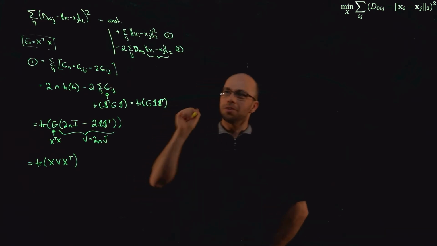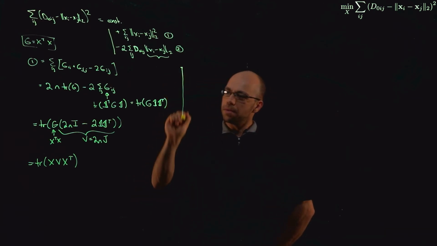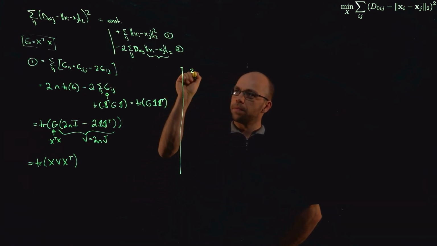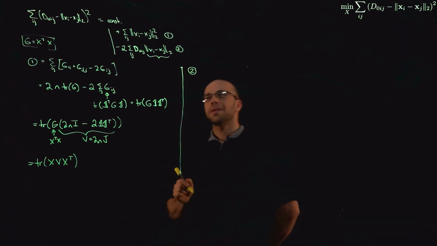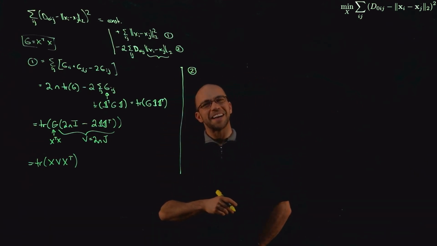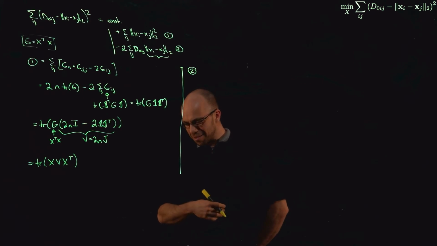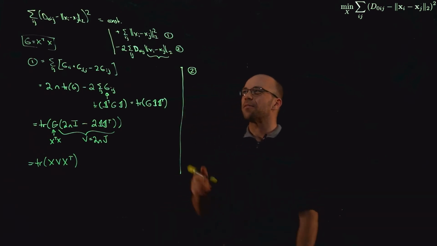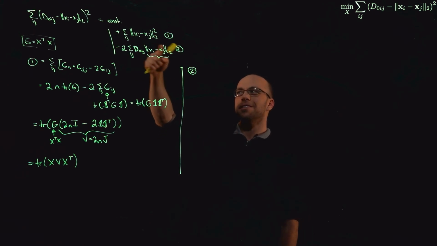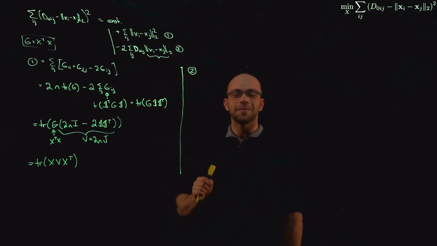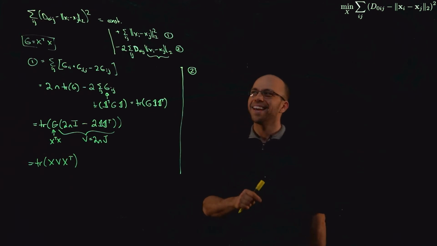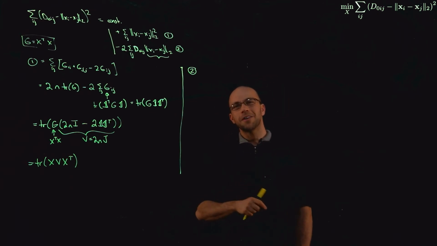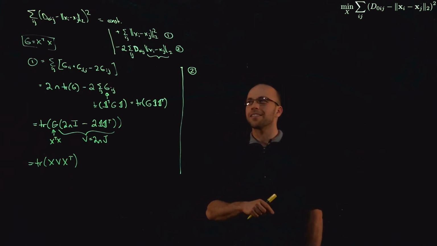Now we need to simplify objective term number 2. It would be really nice if stress majorization were a least squares problem, but it ain't. It's not least squares, and the reason is that there's no square in this norm here. That's too bad. But when we derive our algorithm, we're going to do a little mathematical sleight of hand.